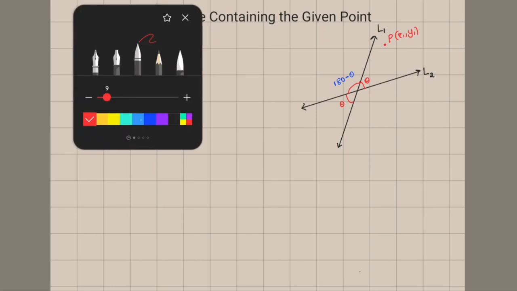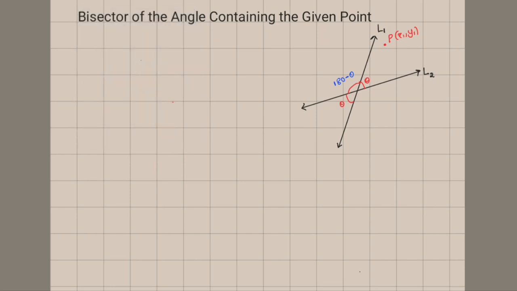So now we need to find the bisector of this theta. The bisector of this theta looks something like this. Sorry for my drawing.